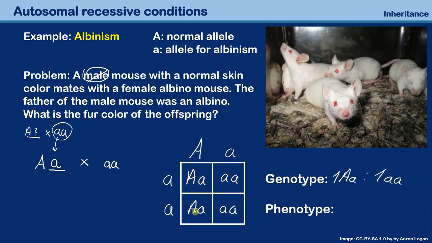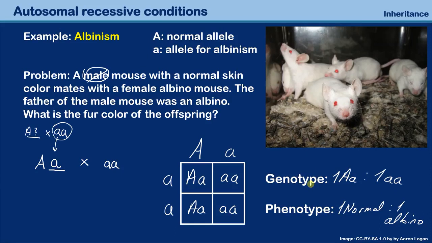This one has a normal fur color. Albino, albino, 2 normal to 2 albinos. We simplify the ratios. It is a 1 normal fur color to 1 albino. Okay, so that is basically the first cross over here.